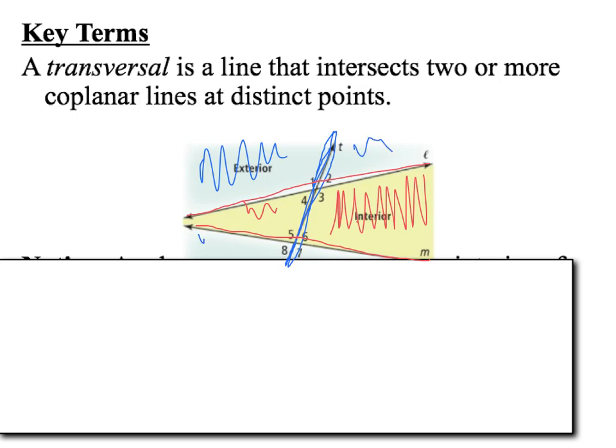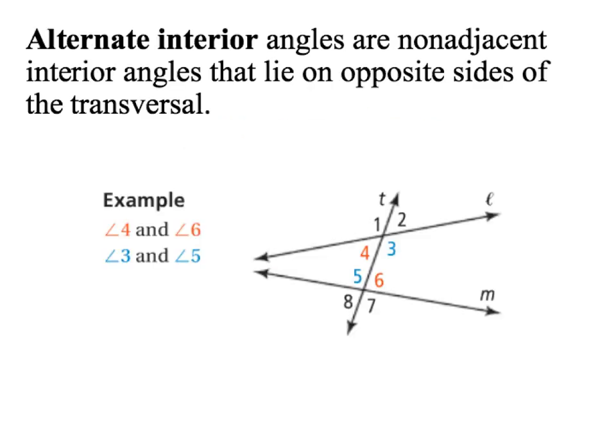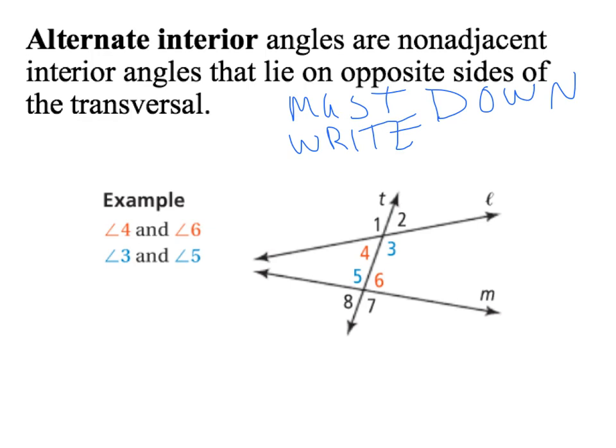We label those interior and exterior, because we are going to start defining certain types of angles. I am going to go over different types of angles that are correlated with a transversal and two lines. You must write this information down.